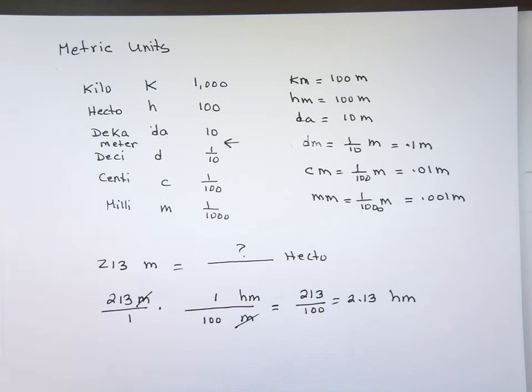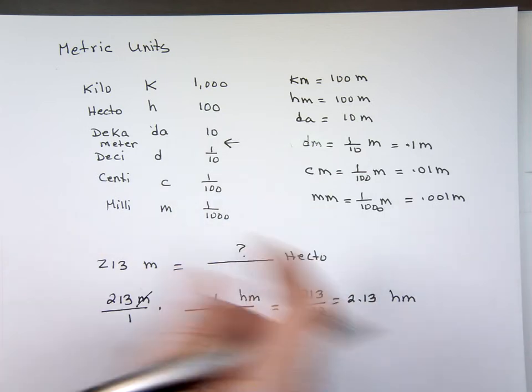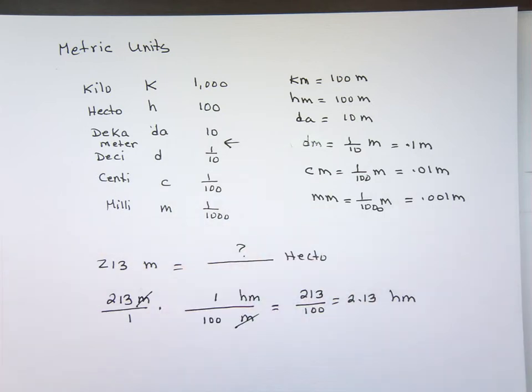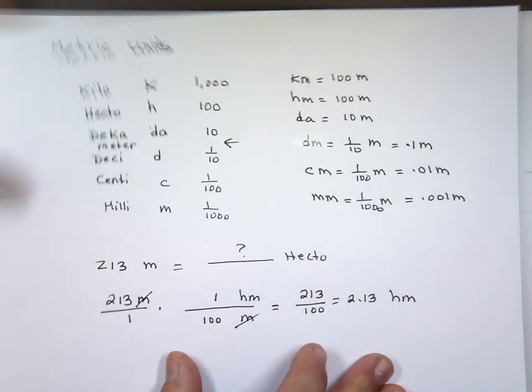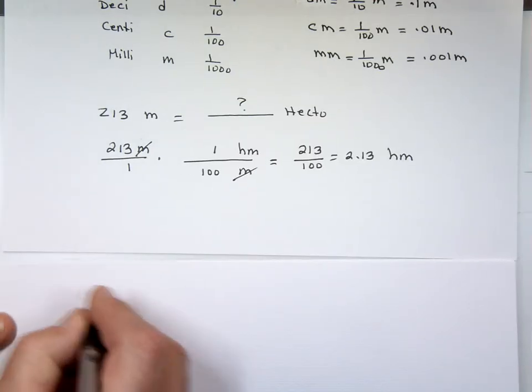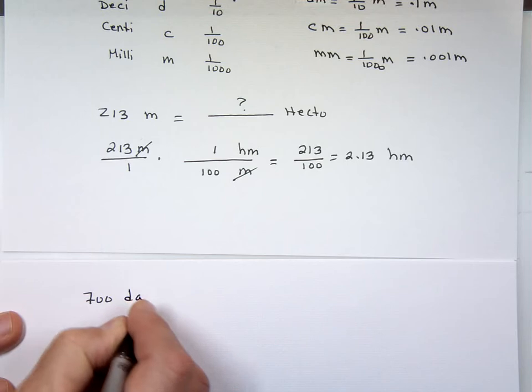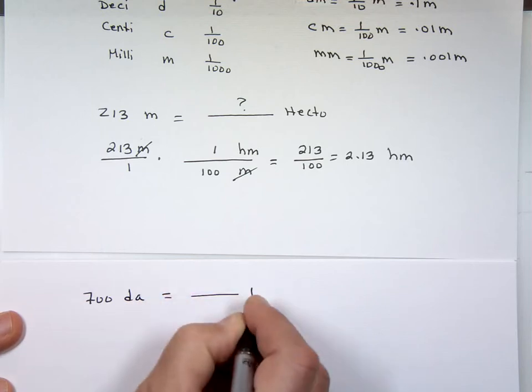What makes this one a little bit tough is if you want to convert, for example, from decameters to kilometers. I don't have a direct way to go from decameters to kilometers. Let's say I have 700 decameters, and I want to know how many kilometers that is.